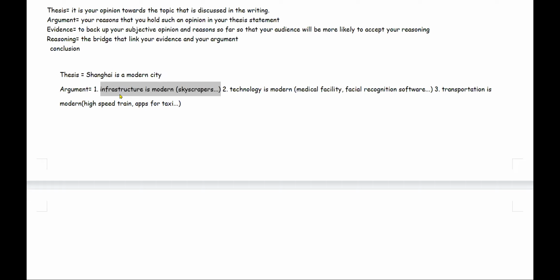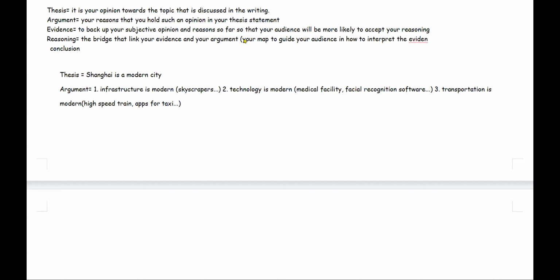Does that make sense? So be very careful. As long as you have evidence, you must present reasoning. Reasoning is the bridge that links your evidence and your argument. But most importantly, it is your map to guide your audience in how to interpret the evidence.